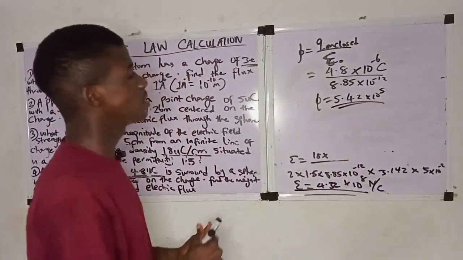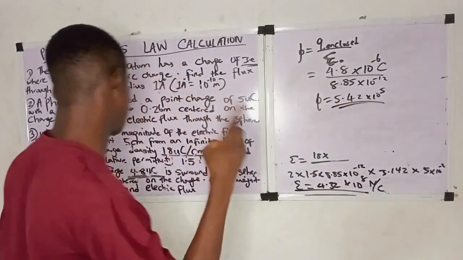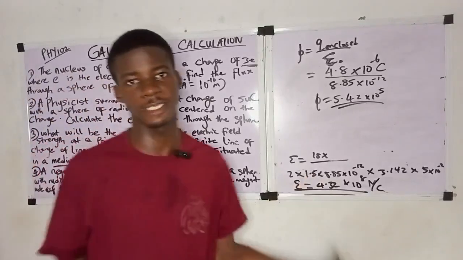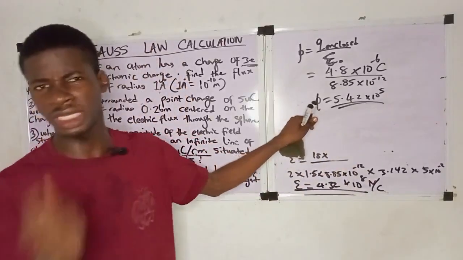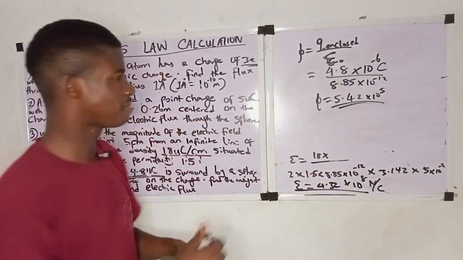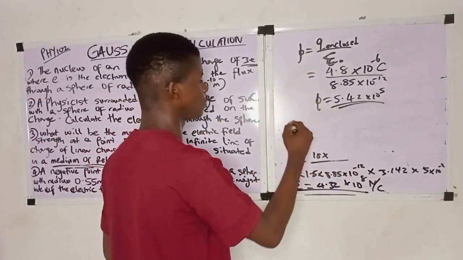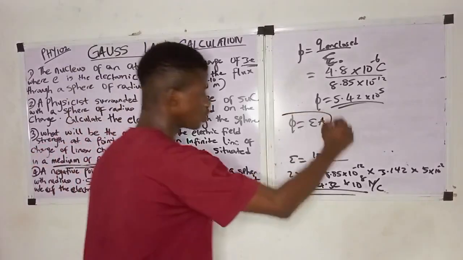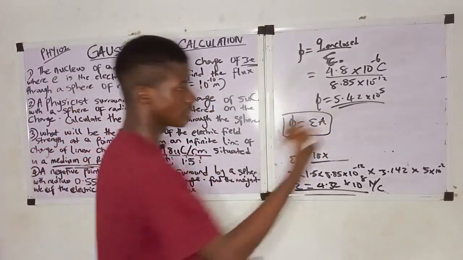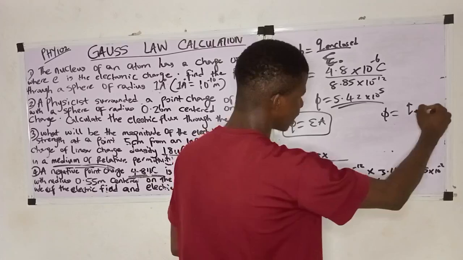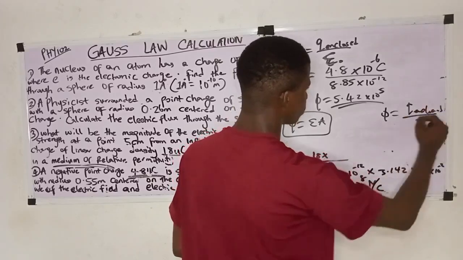Remember they're telling us to look for two things: electric flux and electric field. Now let's work on our electric field. It's very easy. Since we've gotten our electric flux, we can easily use it to get the electric field. What is the formula for electric flux? Electric flux is EA. This is one formula for electric flux, and this is another formula, from Gauss law: charge enclosed divided by epsilon naught.